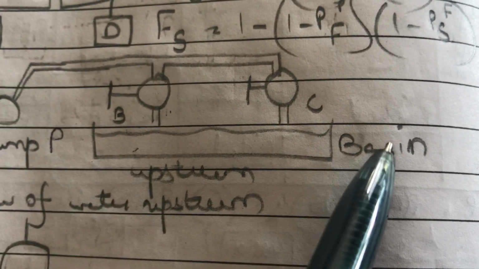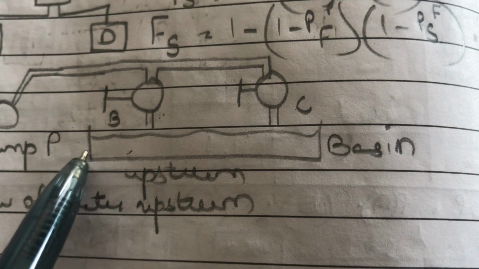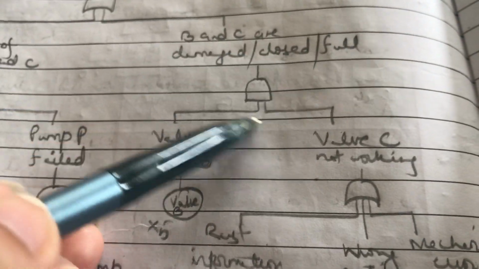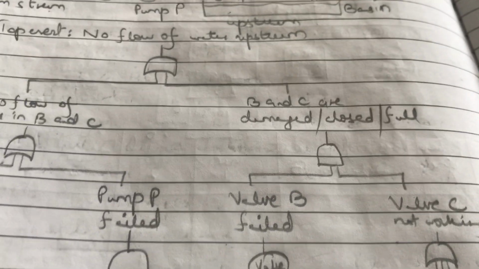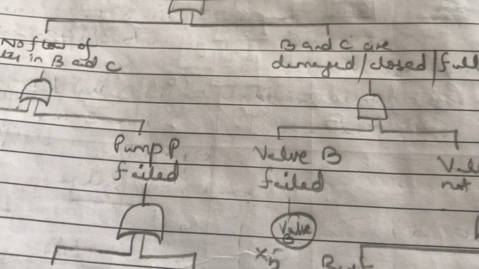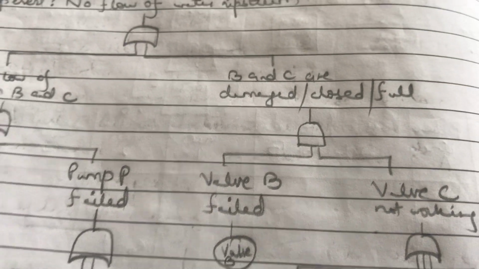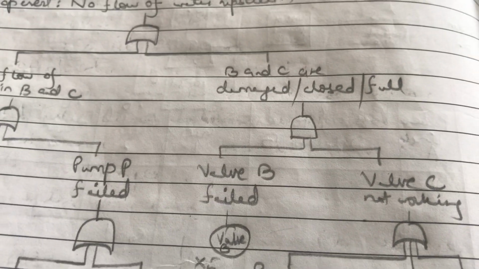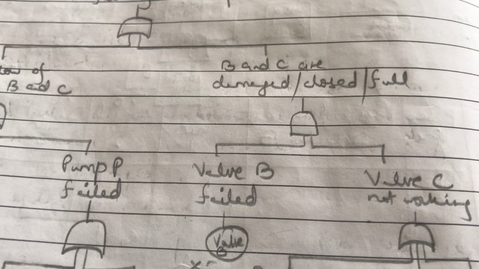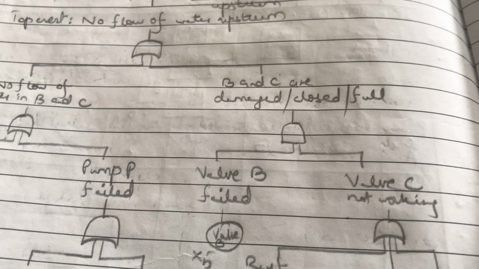So that's why, either this working or this not working, the system won't fail; there would be a flow of water in the basin. That's why we represent this in the form of an AND gate. Okay, now you got why we draw an OR gate and when we draw an AND gate. I hope this is very clear now.